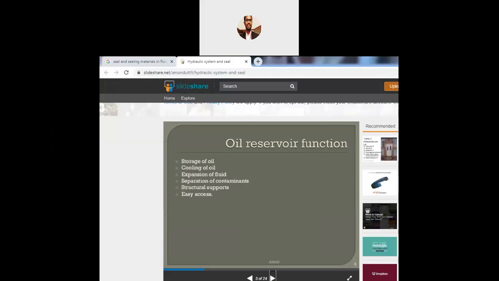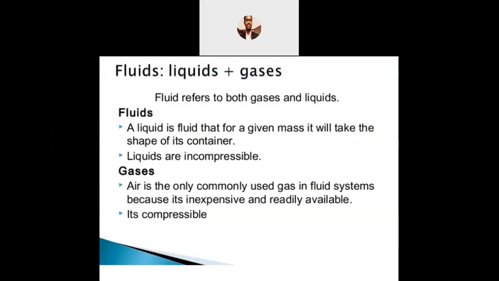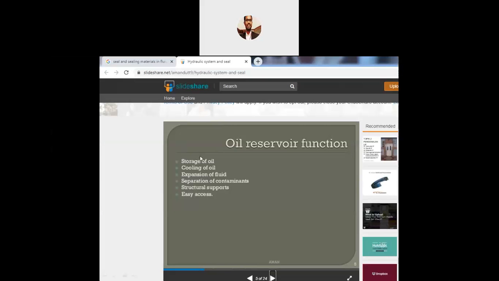Next is the oil reservoir function. What is a reservoir? It is a storage of oil, expansion of fluid, separation of contaminants, and structural support with easy access. Now, my dear friends, storage of oil, obviously, it is a source and a tank.